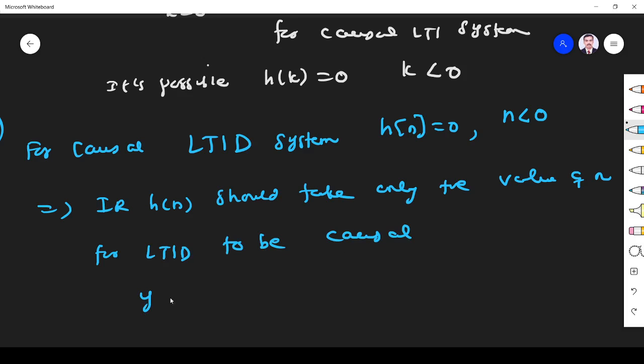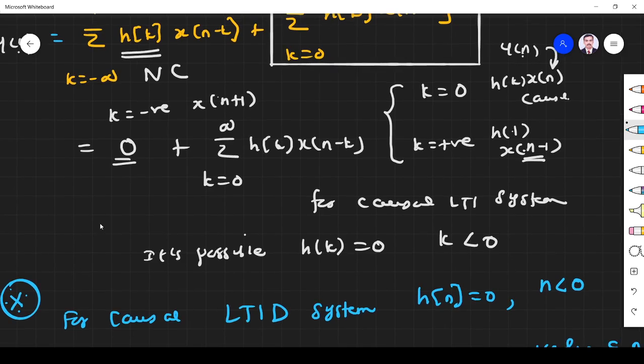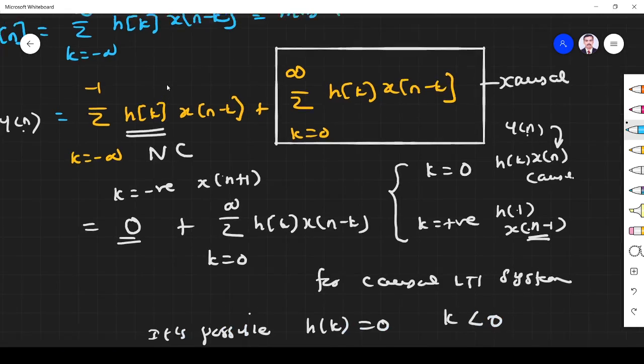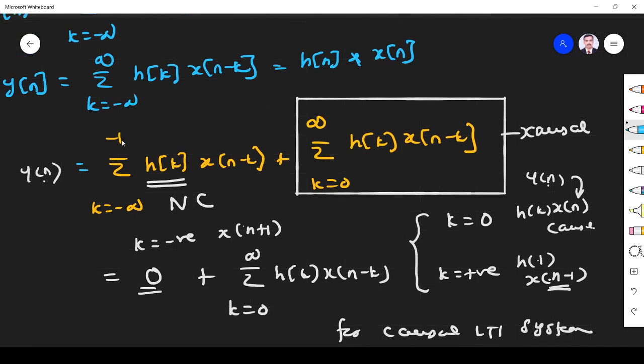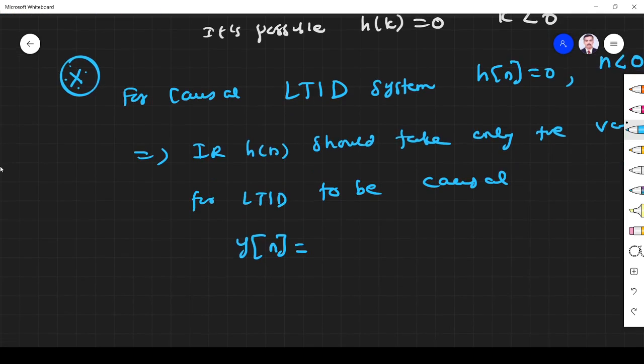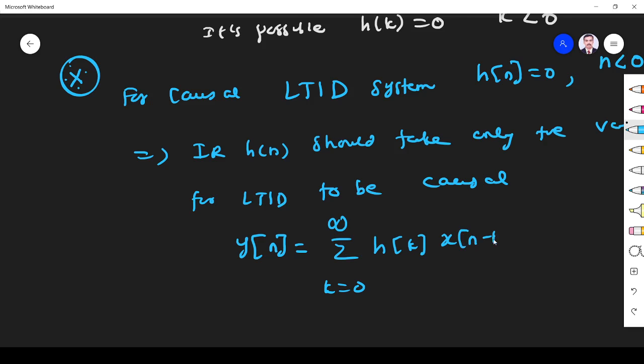So for a causal LTI discrete time system, y of n only varies with k from 0 to infinity, not k from minus infinity. For any LTI system, y of n has k varying from minus infinity to plus infinity. For a causal system, the negative part should be 0, only this should be present. So y of n is equal to summation k from 0 to infinity h of k x of n minus k.